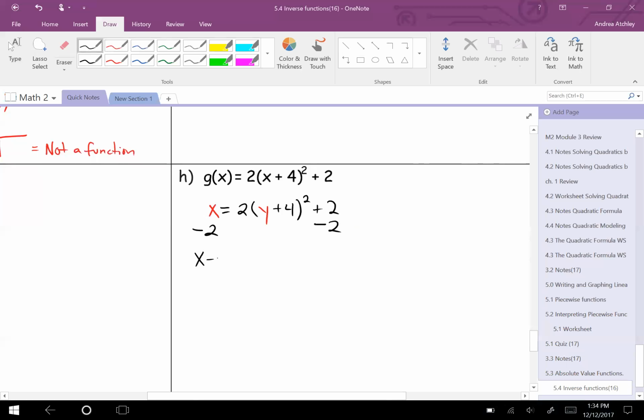So I get x minus 2 equals 2 times (y plus 4), the whole thing squared. Now what should I do? Very good. I don't want to distribute that too, because I'd have to square the y plus 4. So I'm going to have to divide by 2 next.